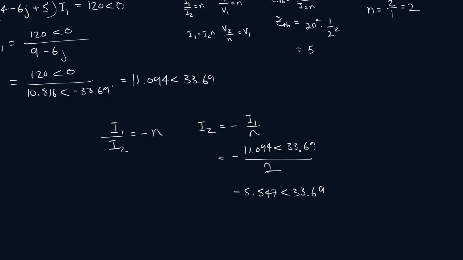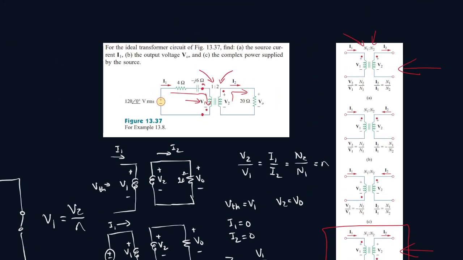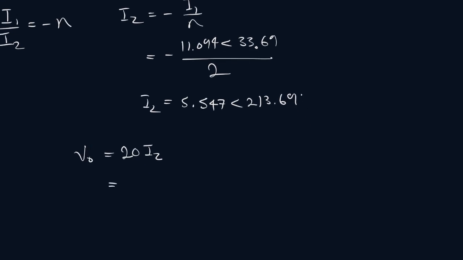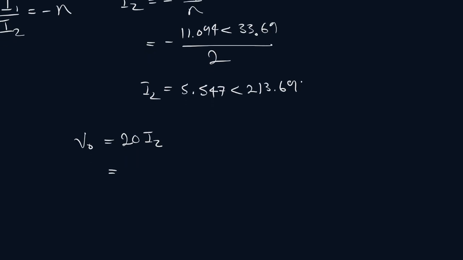Bring the minus into our phasor, so we add 180, which is 213.69 degrees, and that's my I2. Now we can find VO. VO will be 20 times I2, which is 110.94 phasor 213.69 degrees, in volts.